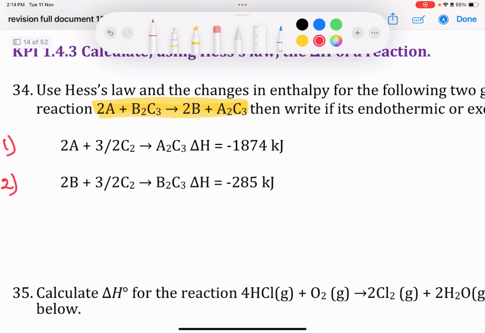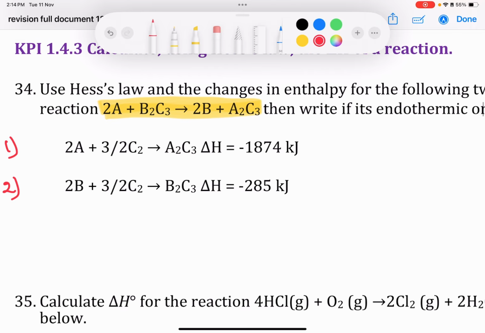So the best way to do this is to find the given in the target and search for it. For example, 2A, I will search for it in the two given equations. So here I want to look for 2A, and I can find it in 1. I want a 2 next to it, there is 2 next to it. And I want A to be in the reactant side, and it is in the reactant side.